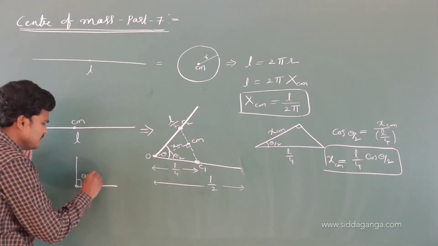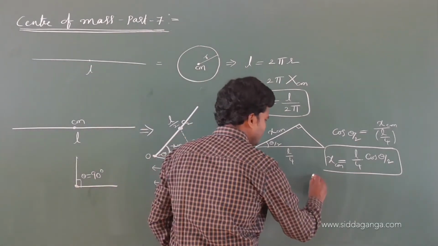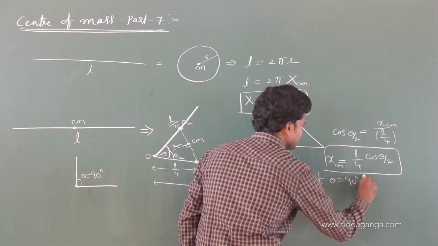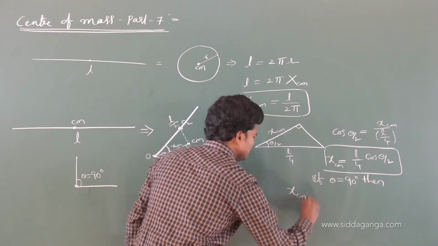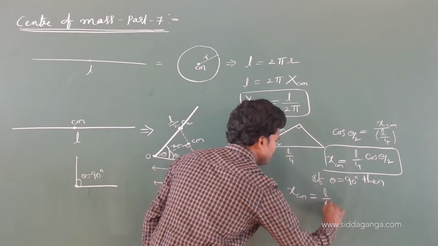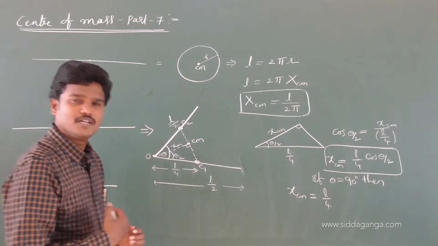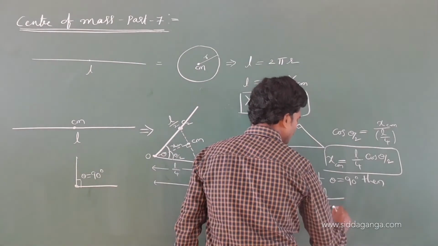Theta becomes 90 degrees, substitute theta 90 degrees here. Then xcm is equal to L by 4 cos theta by 2, cos 90 by 2, cos 45. So 1 by root 2.